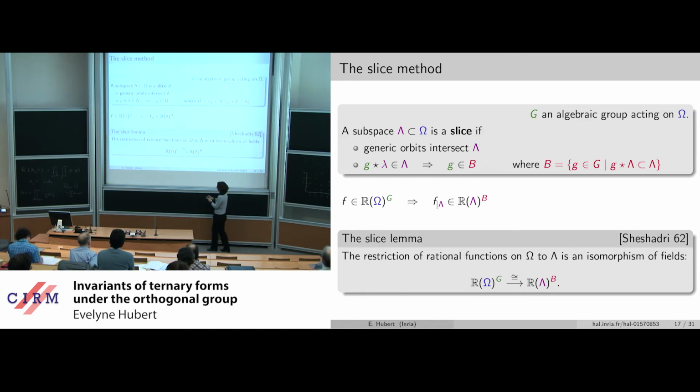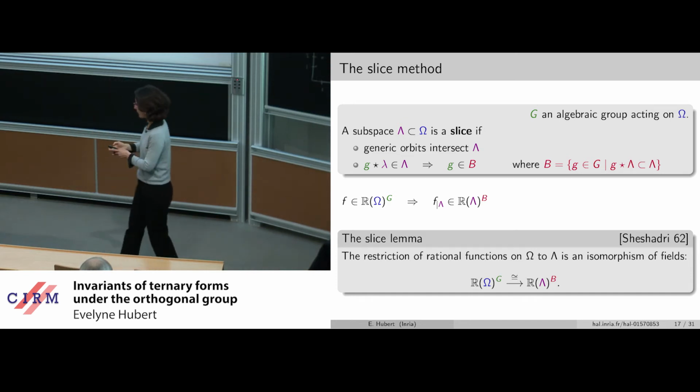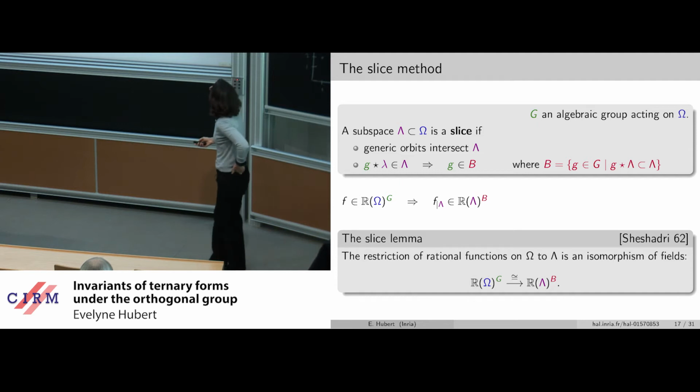So the field of rational invariants under your subgroup on the small space is isomorphic to the field of invariants of the big group for the bigger space. I think that there are several occurrences of this lemma. I believe that the first time it was mentioned is by Seshadri in 1962.